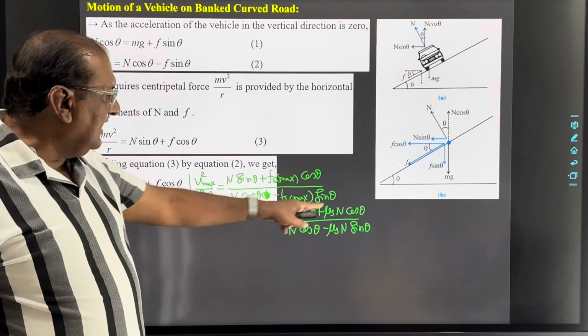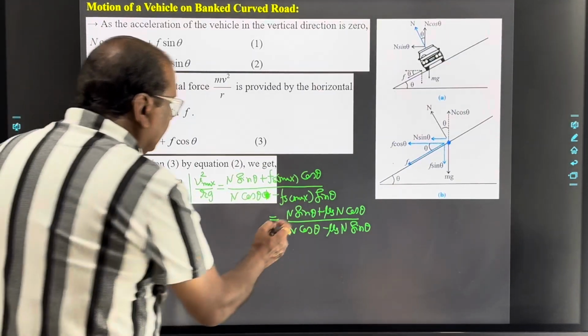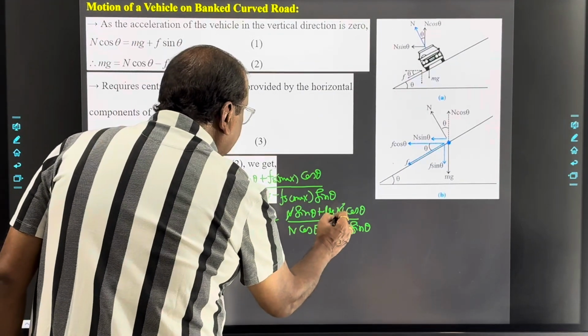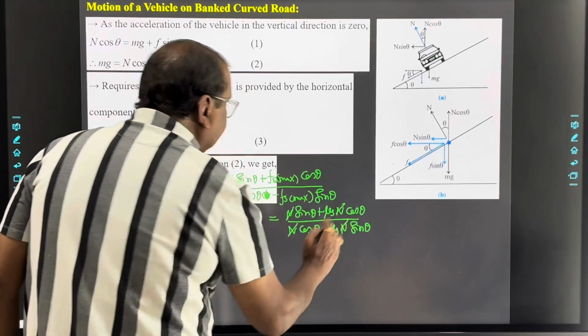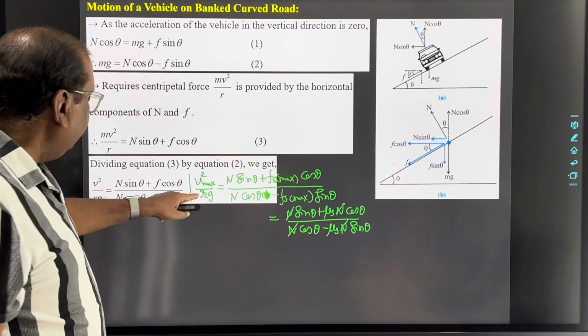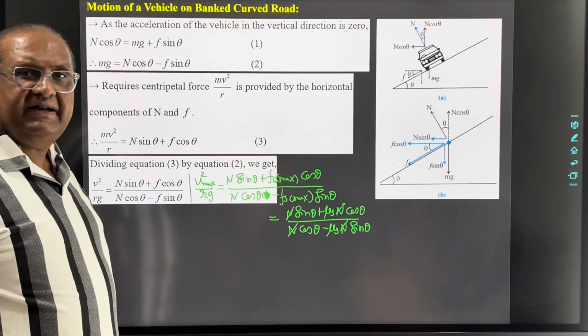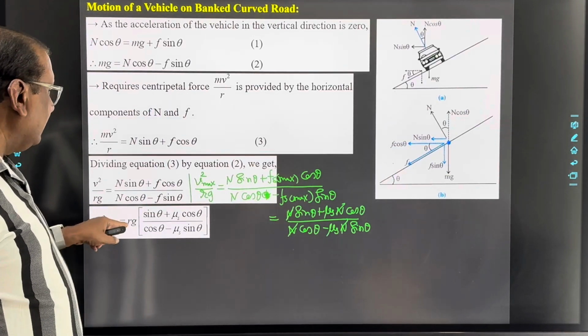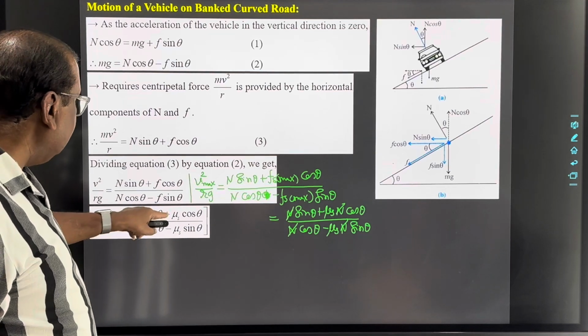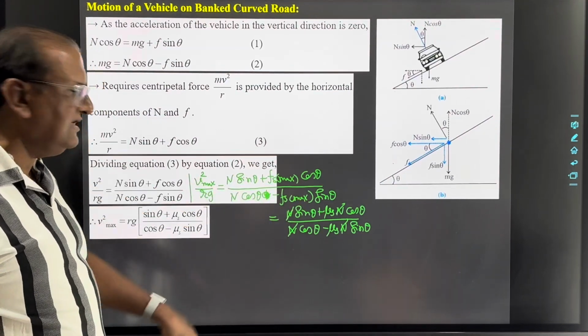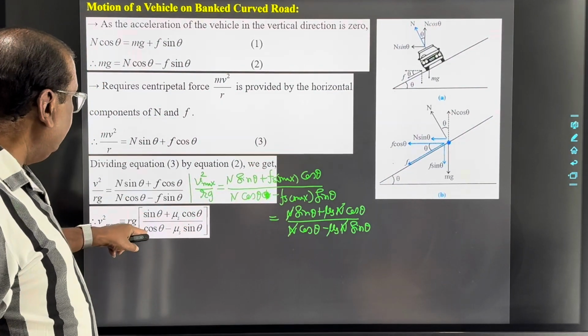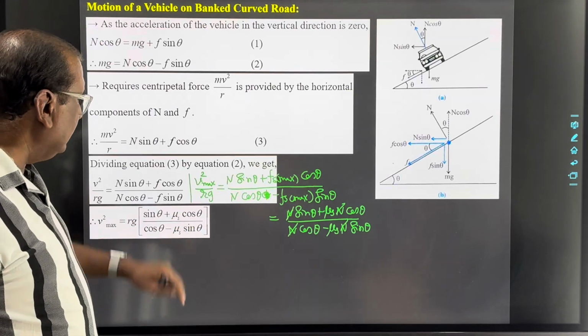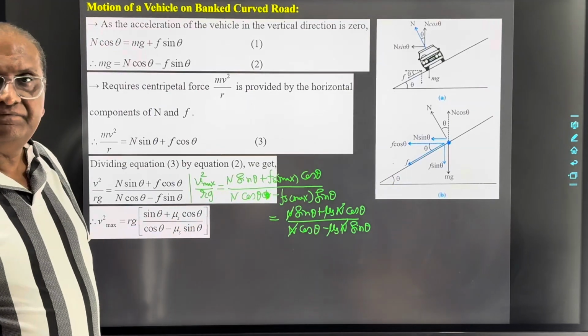Now if we take n common, then that will be cancelled. Clear? Now if we take this Rg on the right hand side, then we can write v maximum square is Rg into sin theta plus mu s cos theta in the numerator, and cos theta minus mu s sin theta in the denominator.